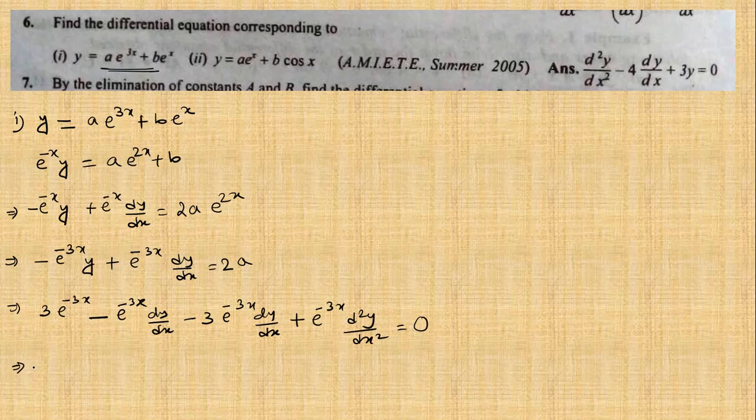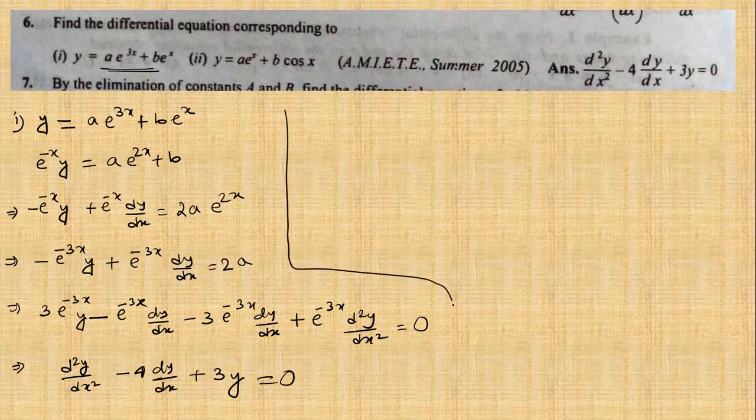So if we multiply by e to the power 3x, this will be cancelled out, so d2y/dx square, and these two terms are added, that is minus 4 dy/dx, and this is plus 3y, equals 0. Clear.